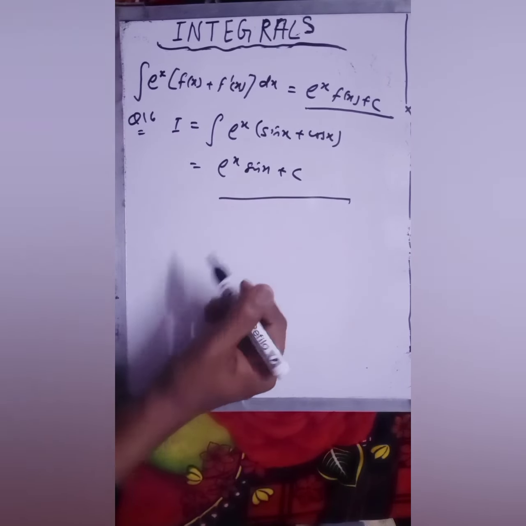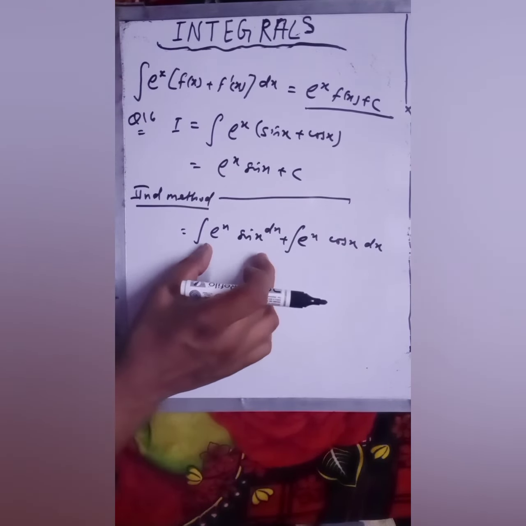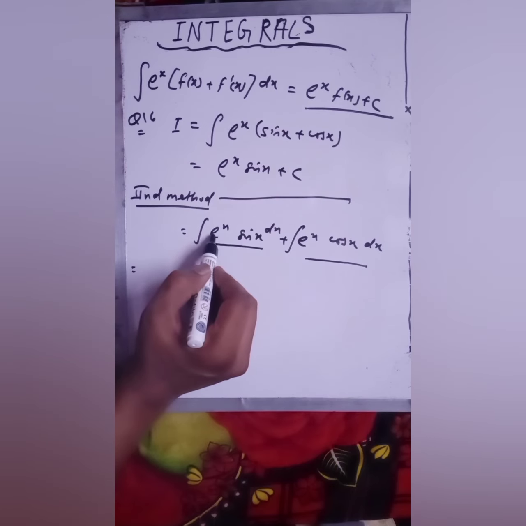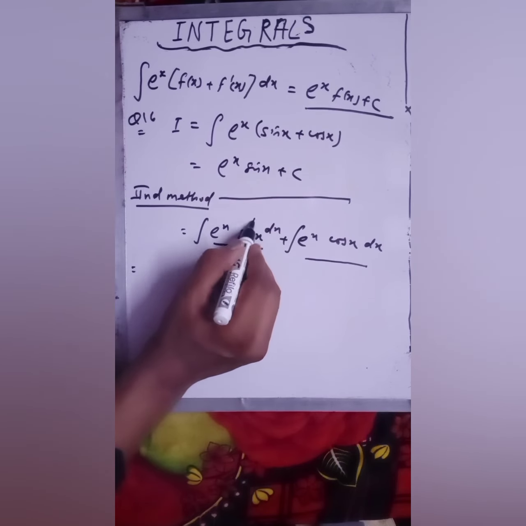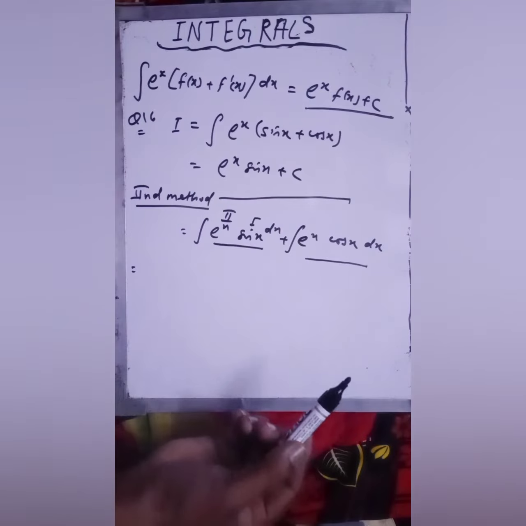In this question, what you have to do, second method I'm showing here. You have to insert e to the x. The integration of e to the x times f of x, this part you have to solve, and the second part you have to leave as it is. So here I'm applying ILATE. This is the exponential function and this is your trigonometric function. This is your first function and this is your second function, because the exponential function is coming last.